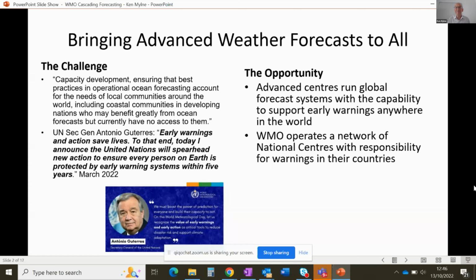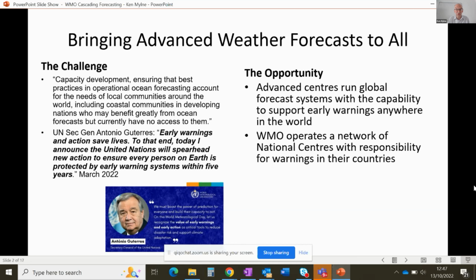So the idea is to be able to bring advanced weather forecasts to everyone, and particularly severe weather warnings. I don't expect you to look at all the words on this slide, but the challenge we're facing is to make sure that everybody can access basic warning services.